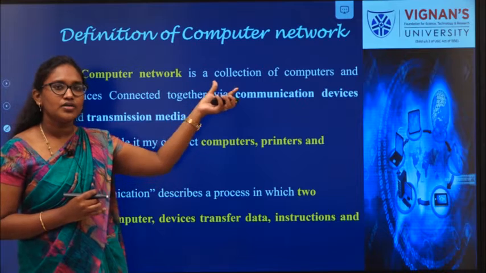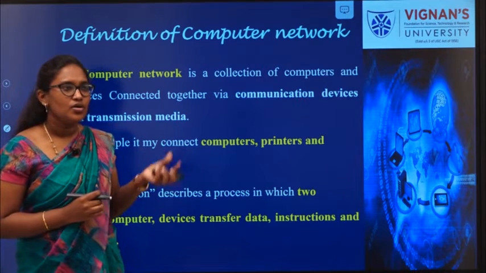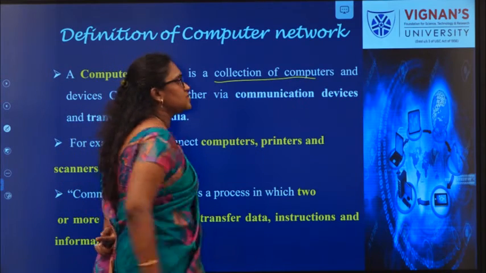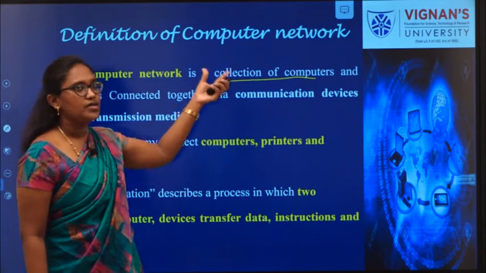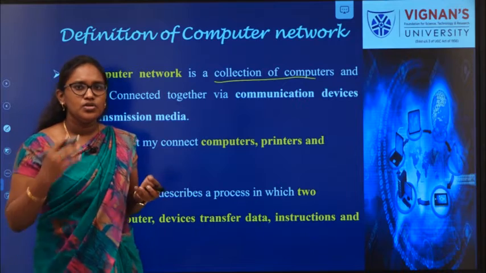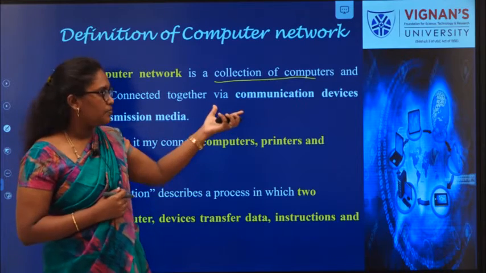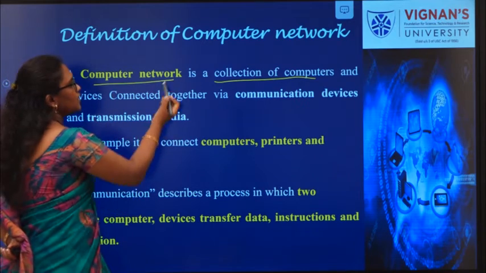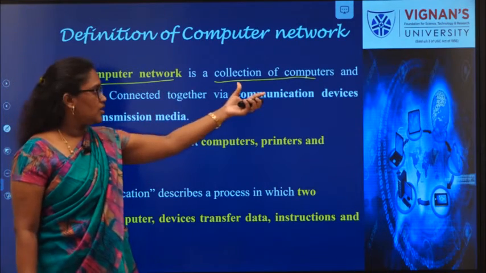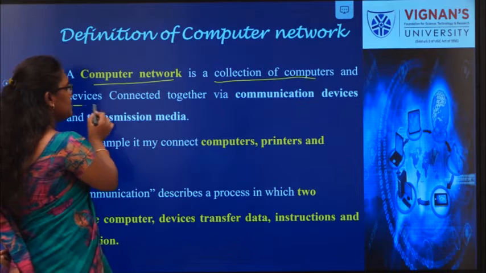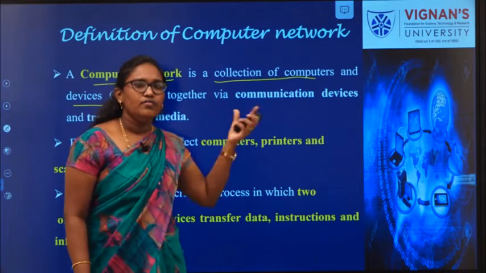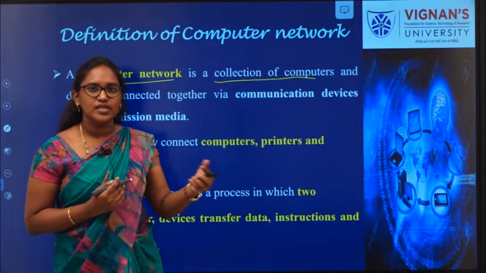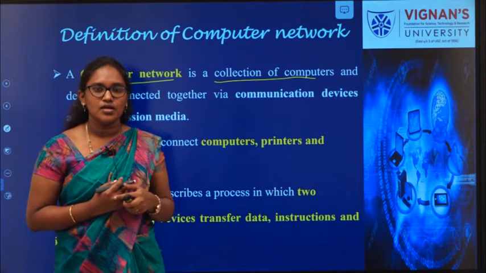Whenever you are talking about computer networks, what exactly does it mean? It is a collection of computers. The name itself has computer networks, that means you are connecting multiple computers. So computer networks is a collection of computers and devices. When we want to connect multiple computers, obviously we need a connection established between those computers, right?